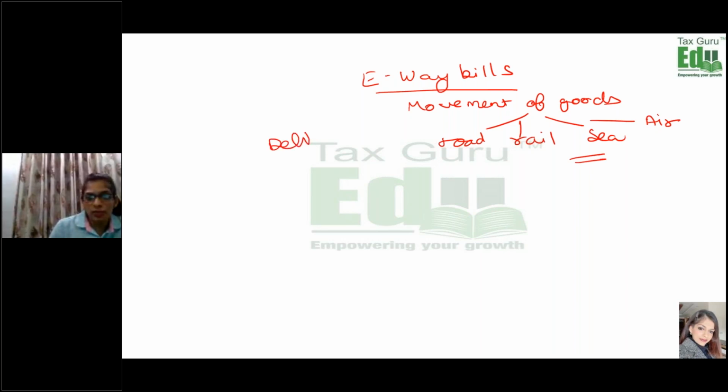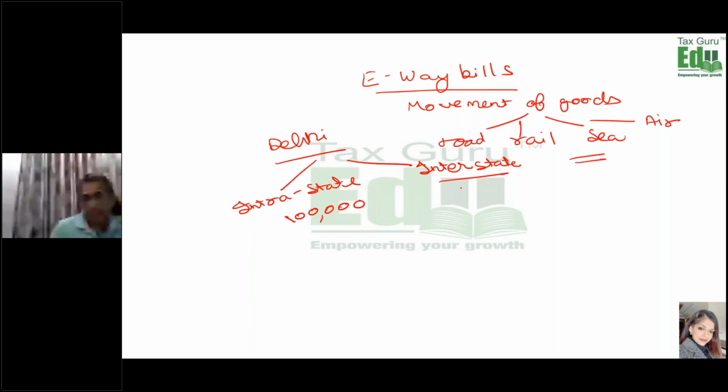For Delhi, the intrastate limit is 1 lakh, and for interstate, the limit is 50,000. So if I am supposed to supply goods whose value is above rupees 50,000 interstate, I have to issue an e-way bill along with my invoice. If the value is 1 lakh and the supply has to be made within the state, then I have to issue an e-way bill.